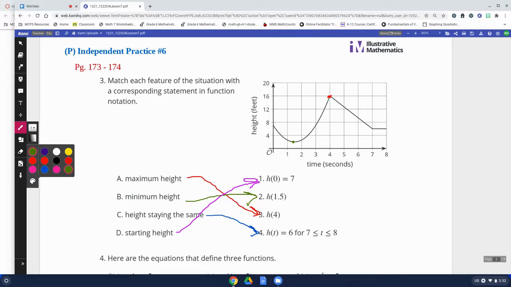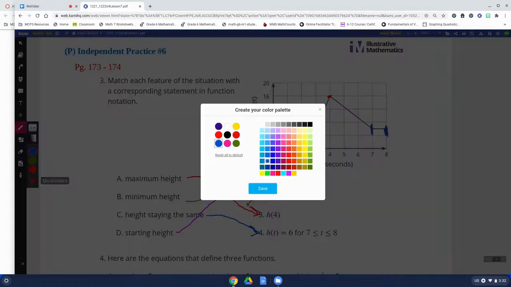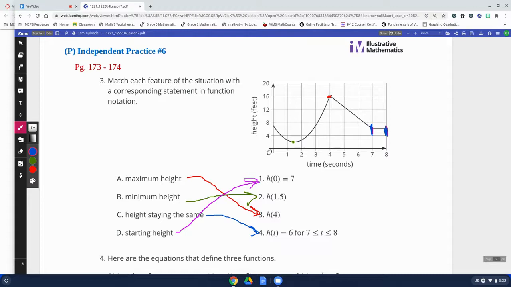When the height stayed the same, it's between these two intervals, between 7 and 8, and we will talk more about that in the future. And then the starting height, where it was in the beginning at time 0, would have been here.